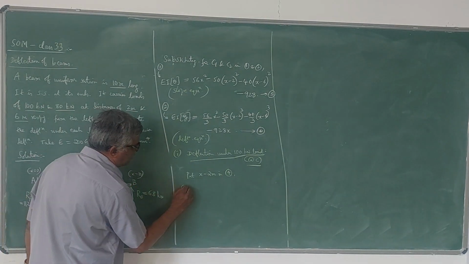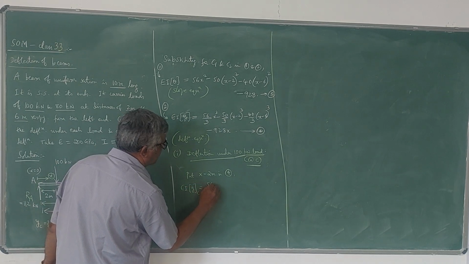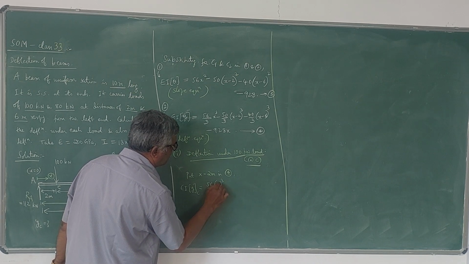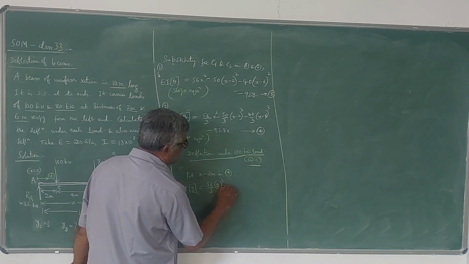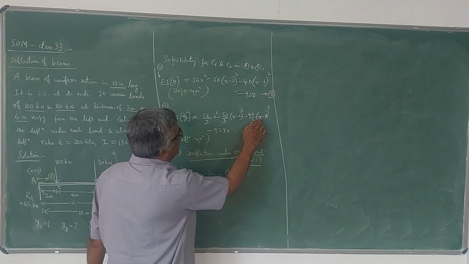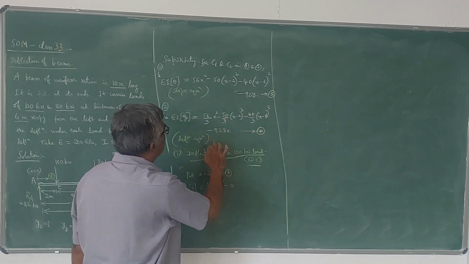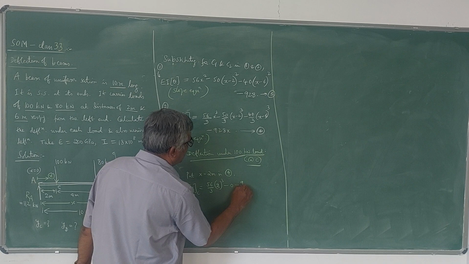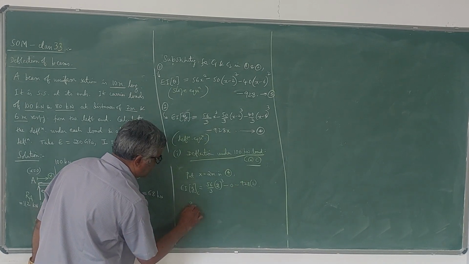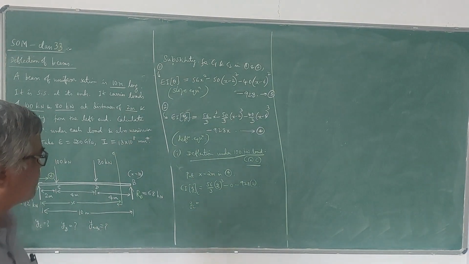So EI into YC is equal to 56 by 3 into 2 cube minus, of course this becomes 0 because 2 minus 2 is 0, and this term 2 minus 6 is minus 4, that is negative, that should be omitted, minus 928 into 2.